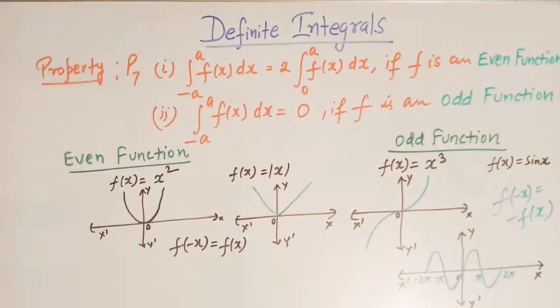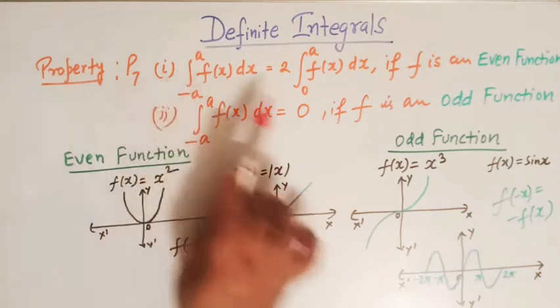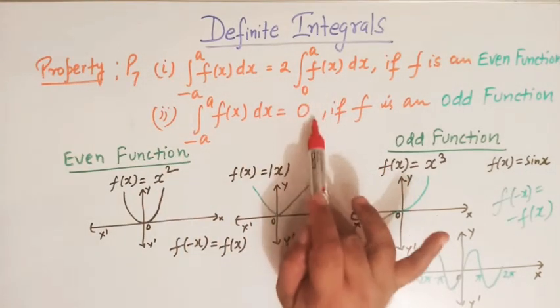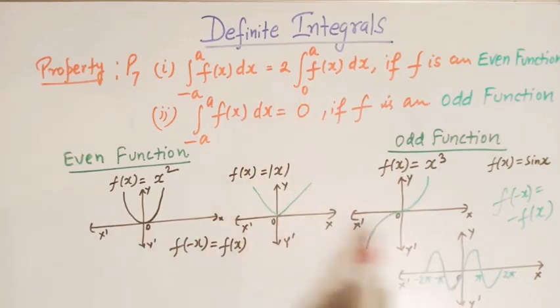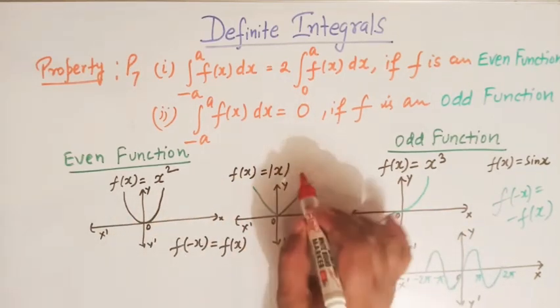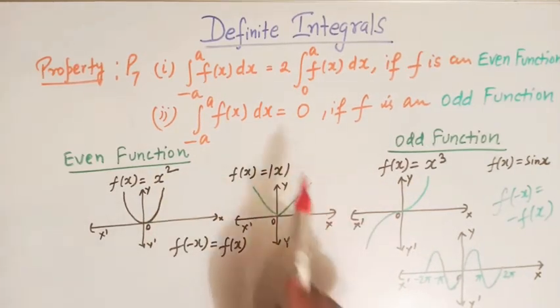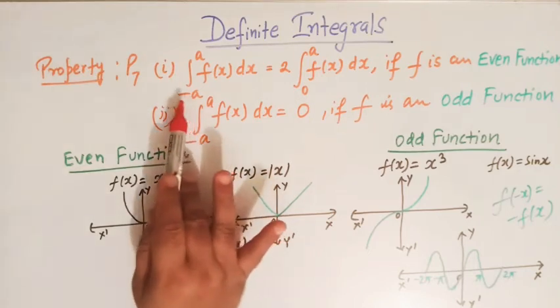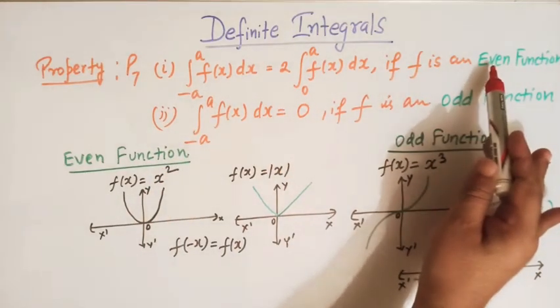Now viewers, let us take this property. Now we will prove these two properties with the help of these graphs, and this is known as the geometrical proof of these two properties, right? So the first one is related to even function.